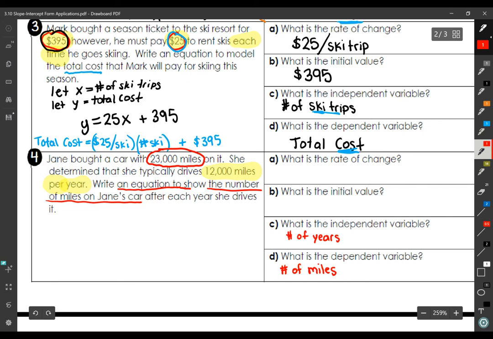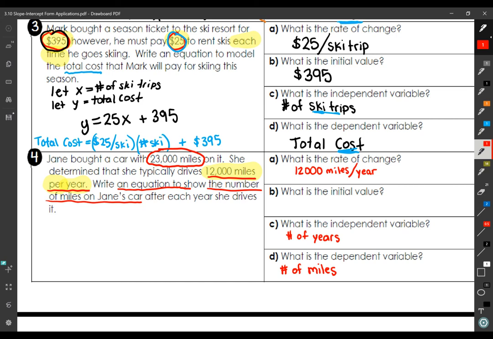So rate of change, right? We just talked about that. The rate of change is how many miles does the car increase by every year? Well, we already know it's 12,000 miles per year. That slash, you need that slash.